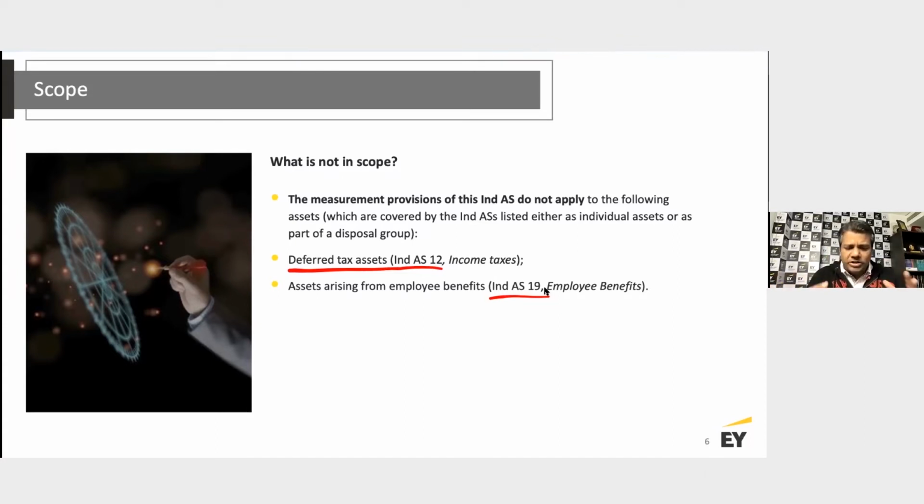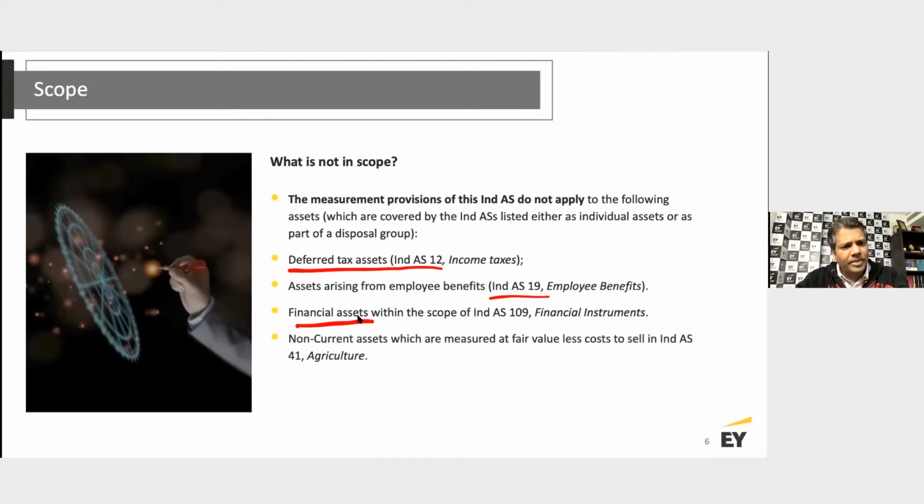So you don't follow fair value less cost to sell, and hence the measurement principles of Ind AS 105 are not applicable to deferred tax, not applicable to employee benefits, and not applicable to financial assets under Ind AS 109, because under Ind AS 109 you follow fair value. And there's a detailed guidance available under Ind AS 109, which I'm sure all of you by this time must have understood or are going through.